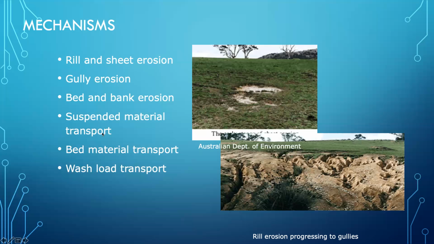And in the suspended material transport, there's two different categories of that transported material. There's bed material and wash load. Wash load is the solids that are transported completely by the water phase. Those would be particles that, for either density or size reasons, don't actually ever settle to the bottom.